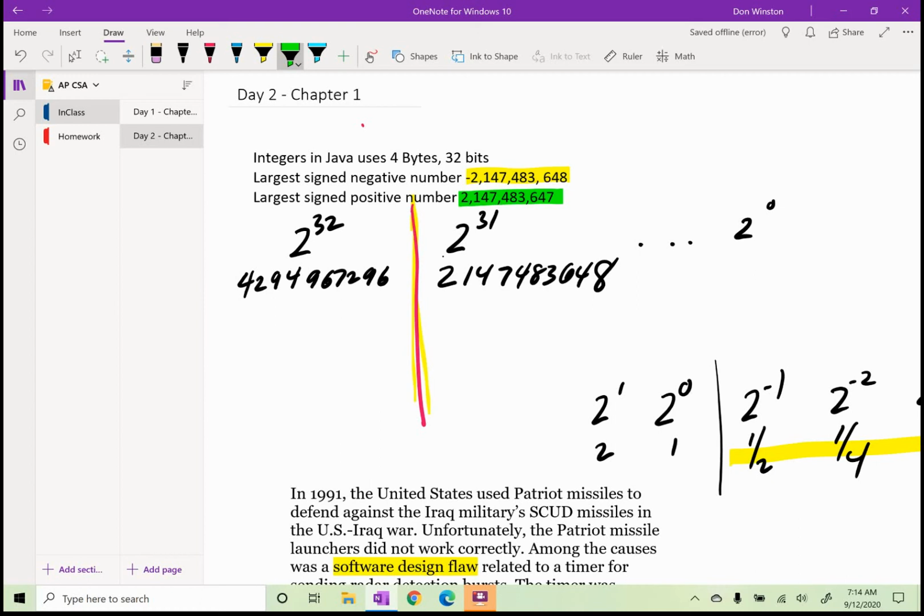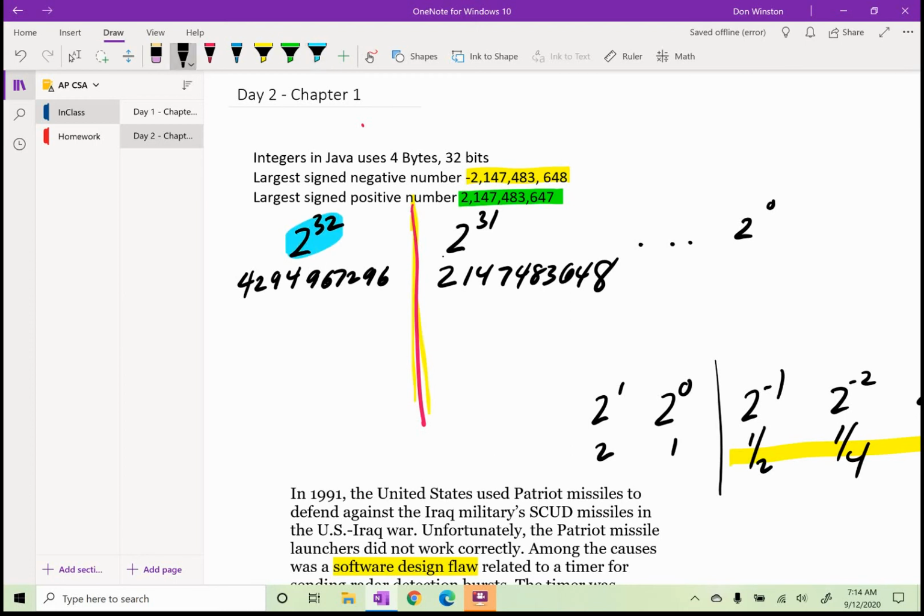Okay, so what happens if an integer is declared as a signed integer? Java splits the 32 bits, if you will, in half. If you take a look at 2 raised to 32, that would give you 4,294,967,296.